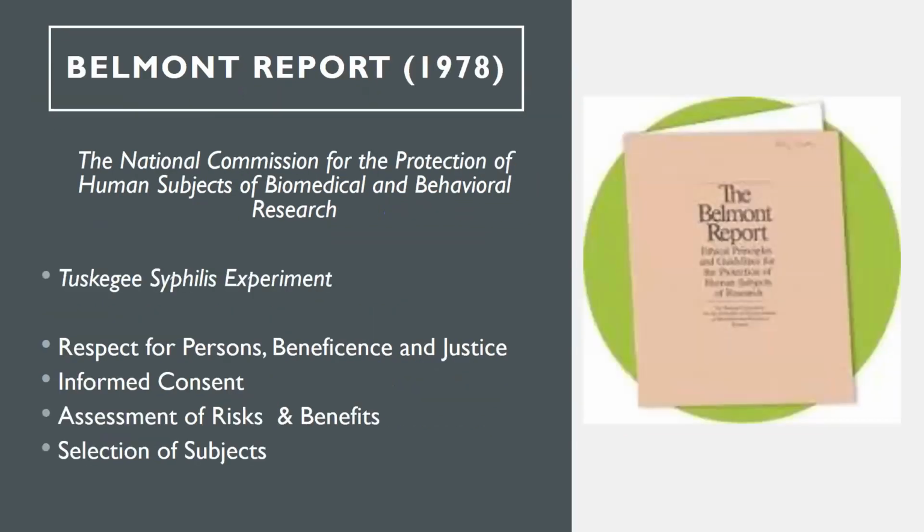And then the Belmont Report came out in 1978. This was again separate, and this came out from the Tuskegee syphilis experiment. I won't go into this, happy to talk about it after, but it was a very long, very unethical research experiment that happened predominantly in the South among African-American men. As you can see, these research ethics guidelines came out because we kept doing unethical research.